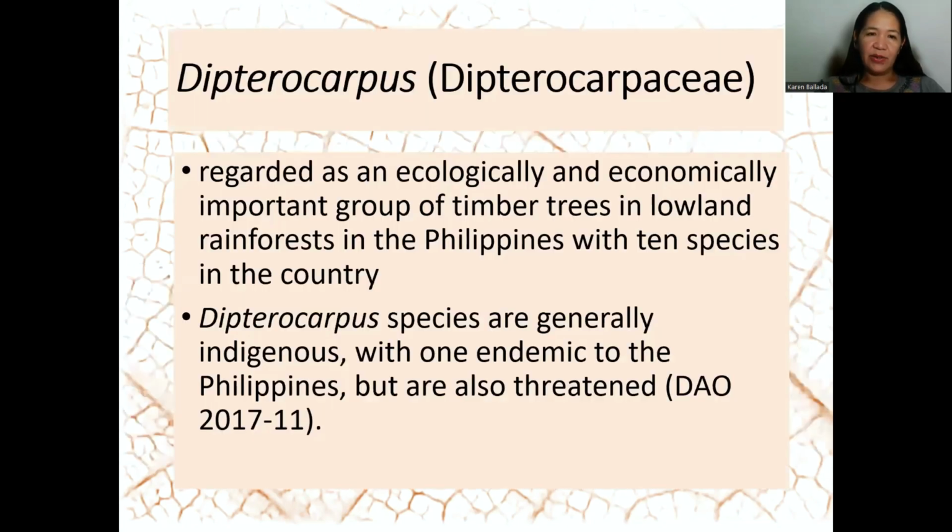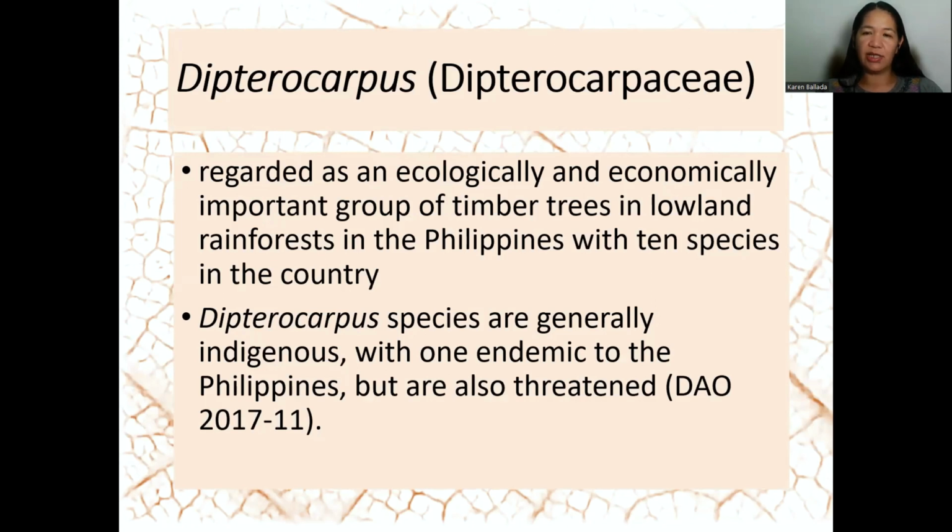Another genus is Dipterocarpus under the family Dipterocarpaceae. Dipterocarpus is regarded as an ecologically and economically important group of timber trees in lowland rainforests in the Philippines, and we have 10 species in the country.